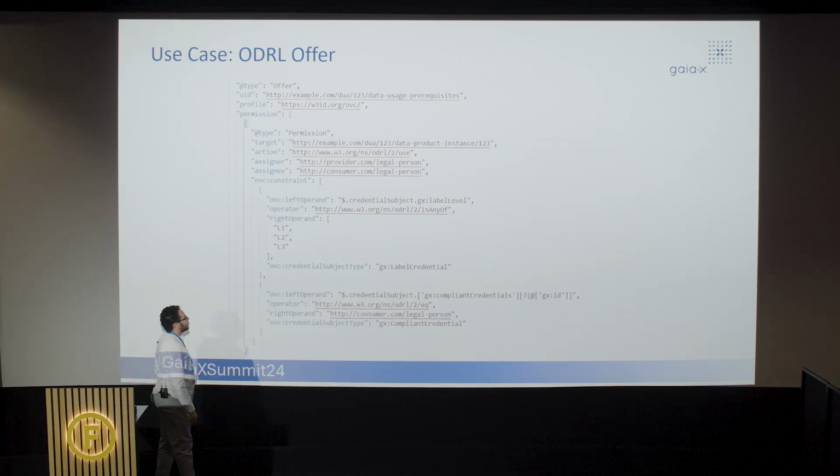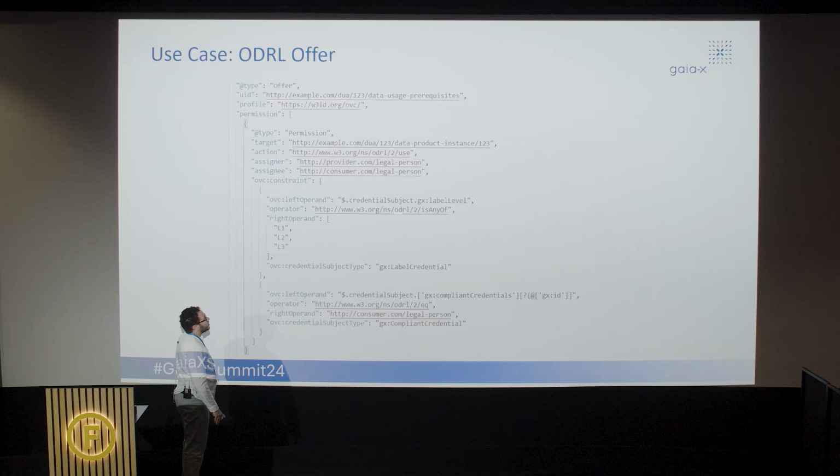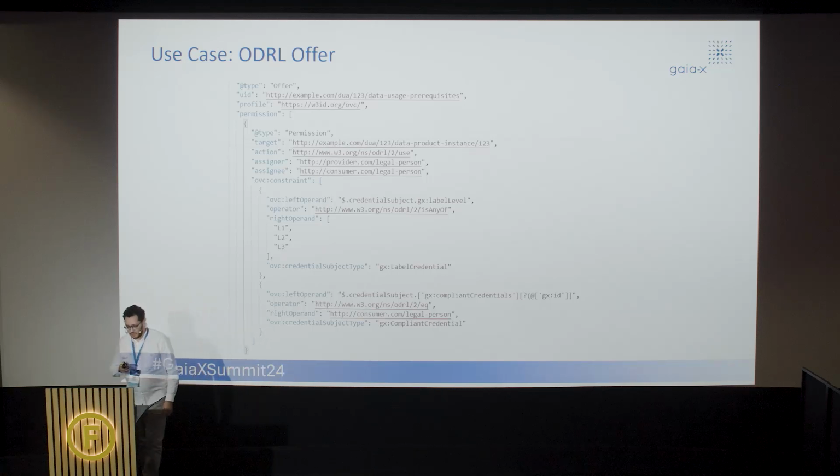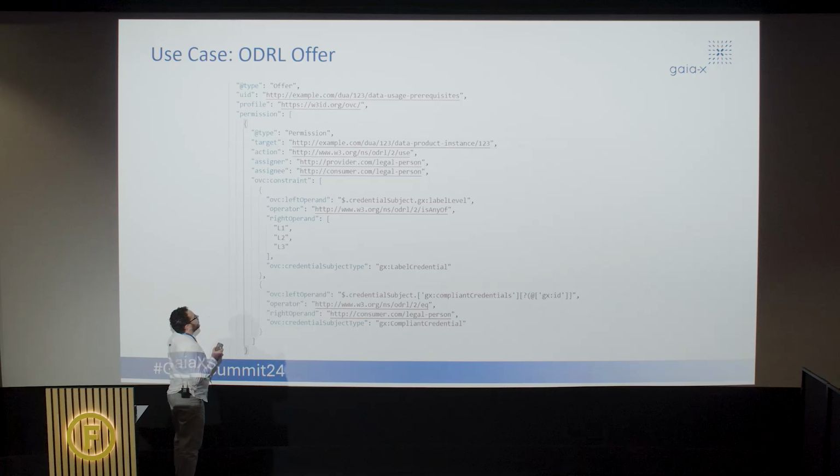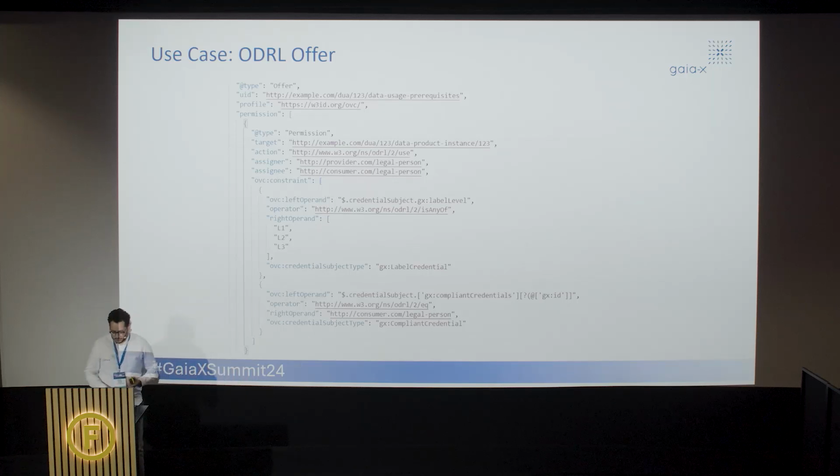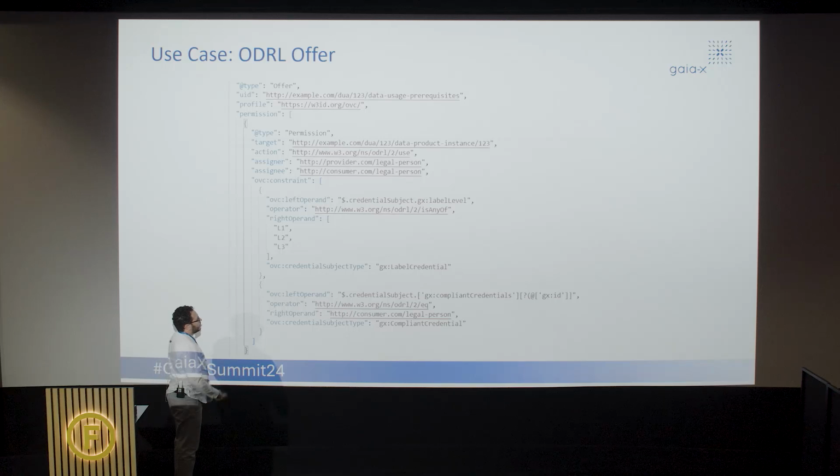So here in the left operand, for example, we are targeting exactly the credential subject, and in the credential subject we are targeting the label level. So this label level must be any of, so it must be at least level 1. So it must be level 1 or level 2 or level 3. So at least level 1. And like mentioned here, in the credential subject type, it targets the label credential.